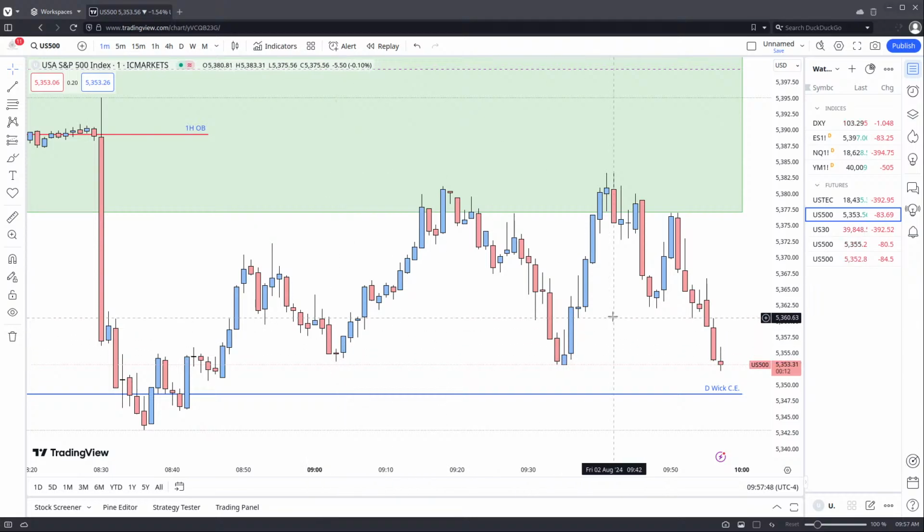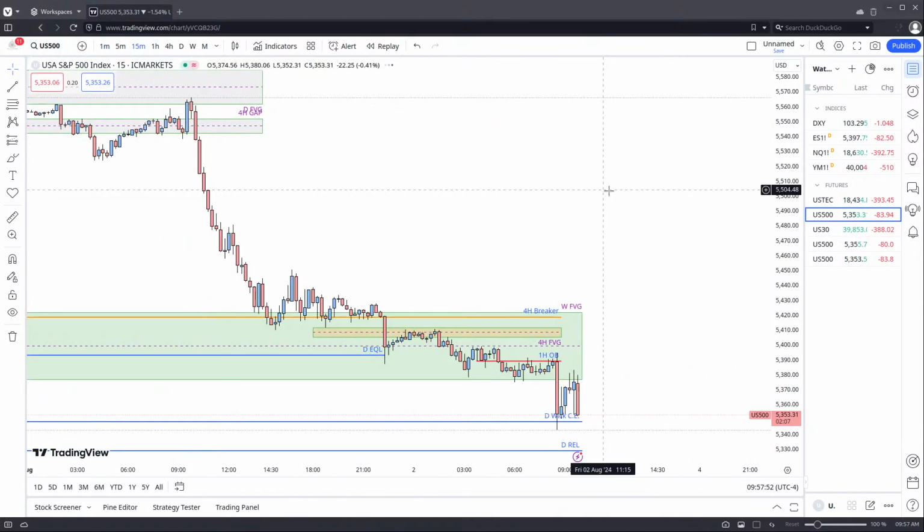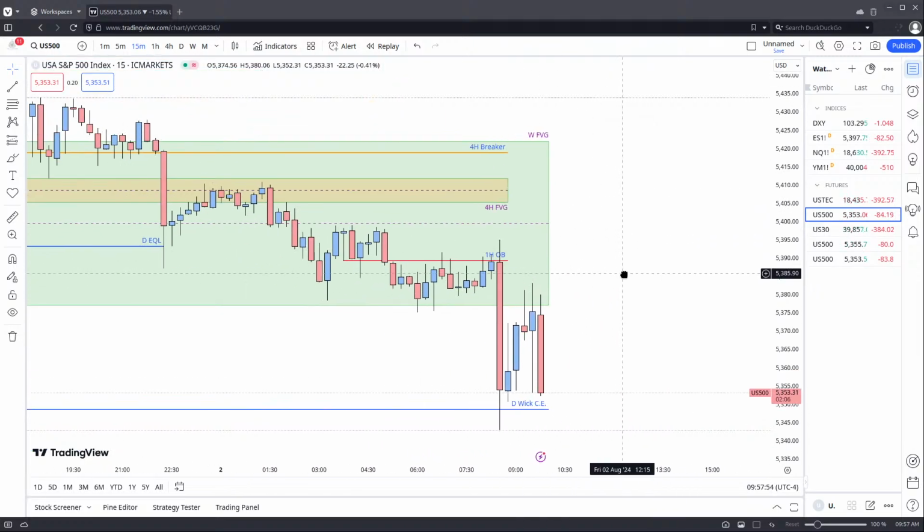Through that low, we're sitting sideways, guys. And this again comes back to what I mentioned this morning. I said that when we have a large range day, usually the AM session is going to be a messy AM session.